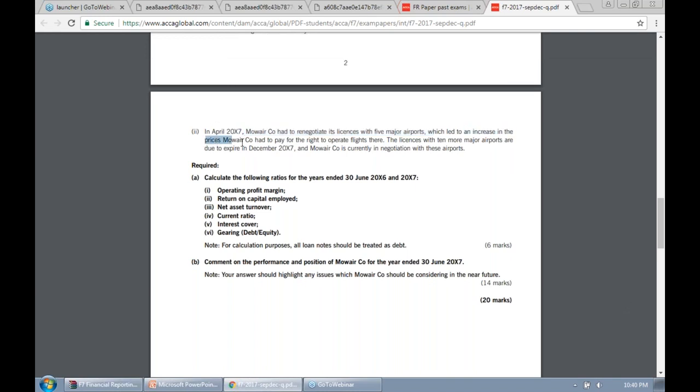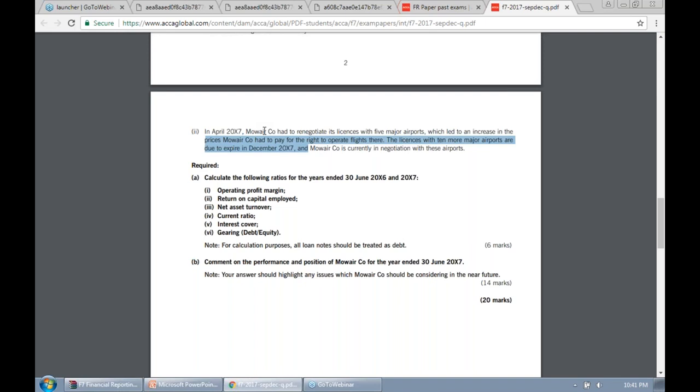Movier had to pay for the right to operate flights there. So this is again one of the reasons that the company has to increase its price because its cost has increased. So whenever the company increases the prices, the overall revenue might go down. So this could be the reason.